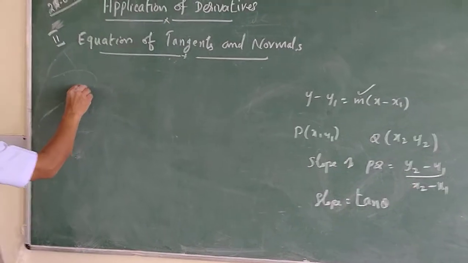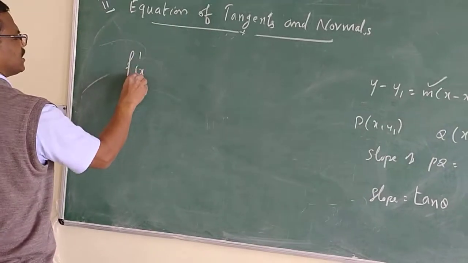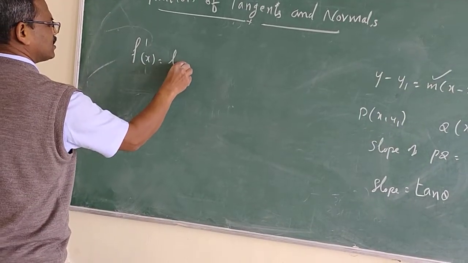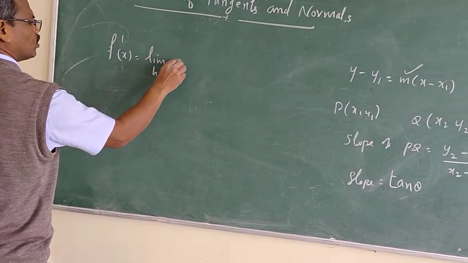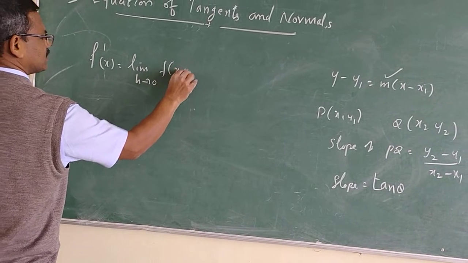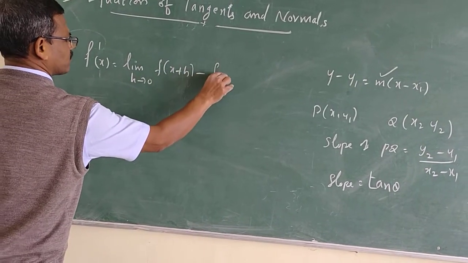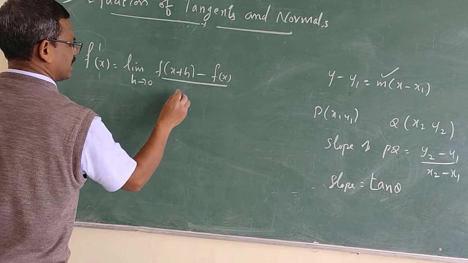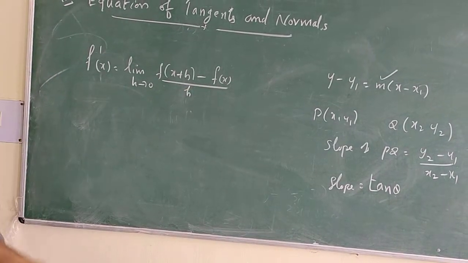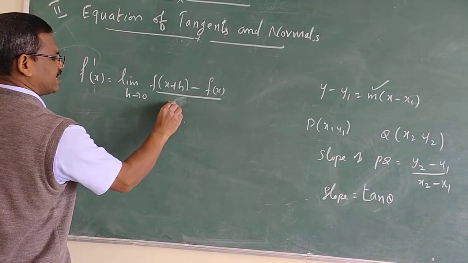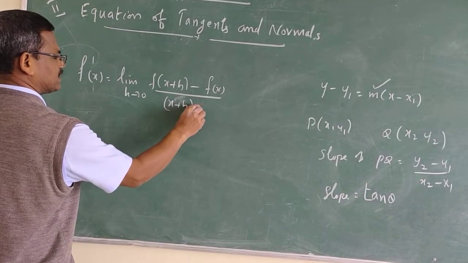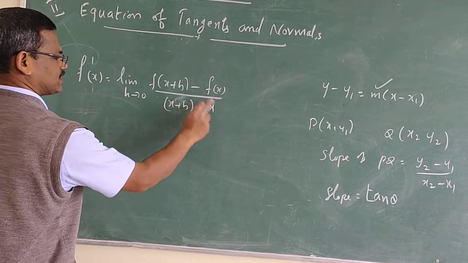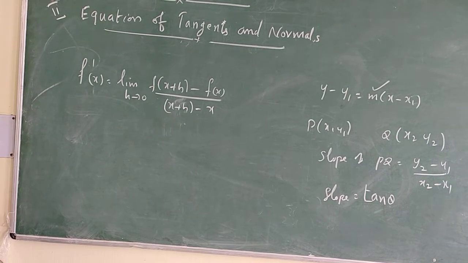Now you know that f dash x is equal to limit h tending to 0 of f of x plus h minus f of x divided by h. This h I can write as x plus h minus x, because x plus h minus x gives h itself.